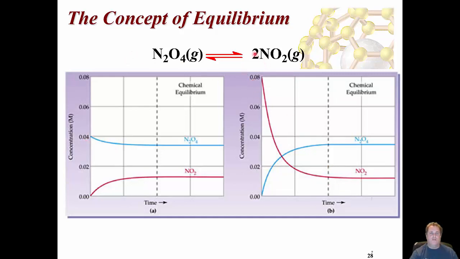This is a 1 to 2 ratio. Again, we're not going to get into that math, but in case you're curious. Now, if we started with 0.06 of the NO2, we're not going to come to the same equilibrium point. We'll have some other values. Again, calculating what those values would be is a little bit beyond our scope.